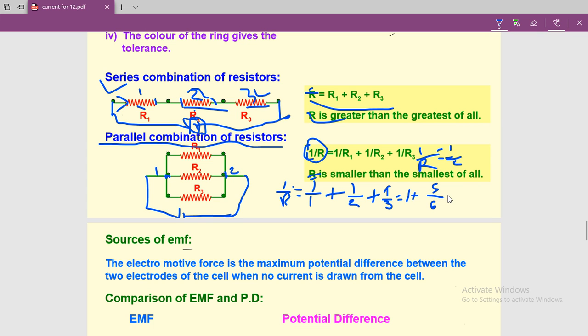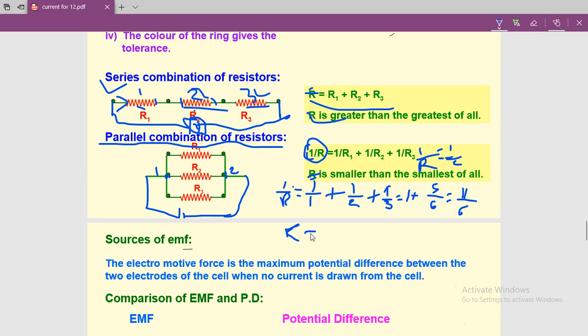Okay, so the resultant will be, you can write here 6 by taking LCM. This one is 6, and this one is 11.